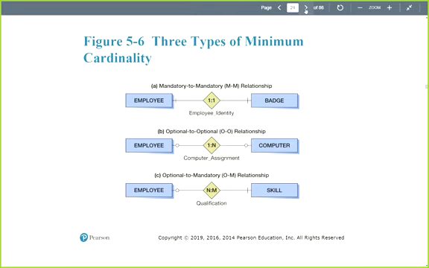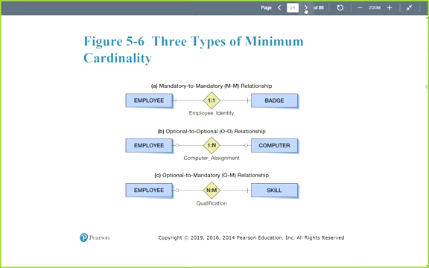The best way to understand minimal and maximum is to go from one side, and in the object-oriented world we call this role play. In the design process, you have to imagine yourself as one of the entity objects, or entity instances.